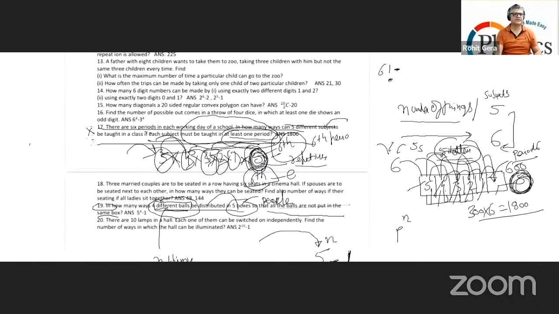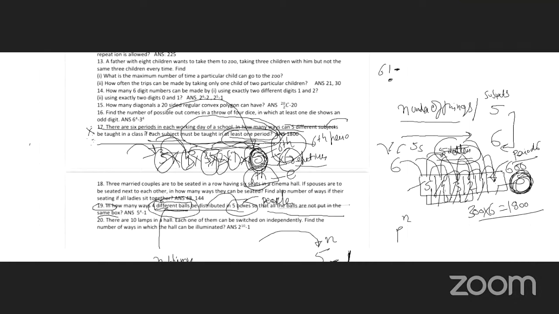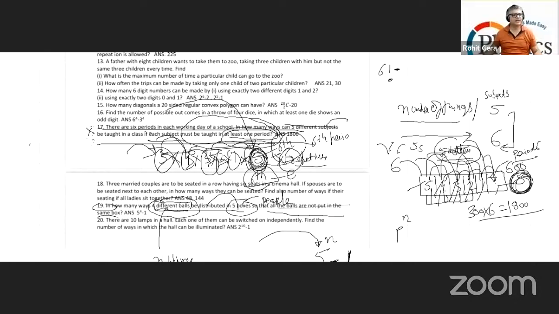So into 6, I can arrange the repeat subject in 6 different ways. 5 is just the number of subjects available to me to fill up. But I can arrange them in 6 different ways also. ठीक है। 1800. So distribution का नहीं था, distribution वाले यही है फिर। Very distinctly the word distribution.